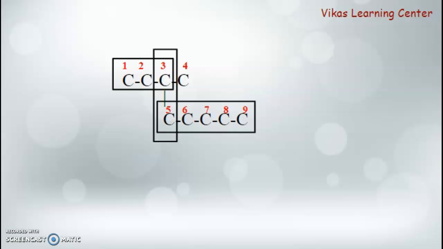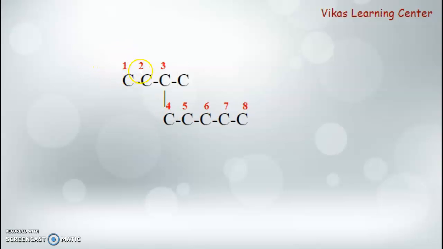So here goes the answer. It will be like 1, 2, 3, 4, 5, 6, 7, 8. So why is it like that? If you expand this particular compound, you will obtain the structure of the compound like this. The carbon atom that is attached to the third position of this carbon can be written as either downward or upward.